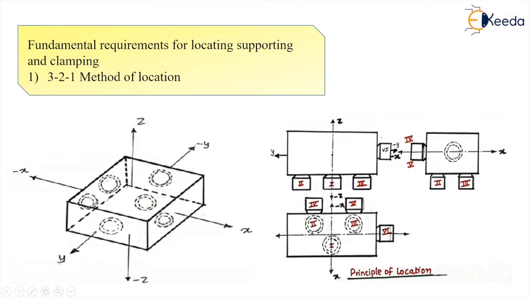So we can say that a free body in space has 12 degrees of freedom.